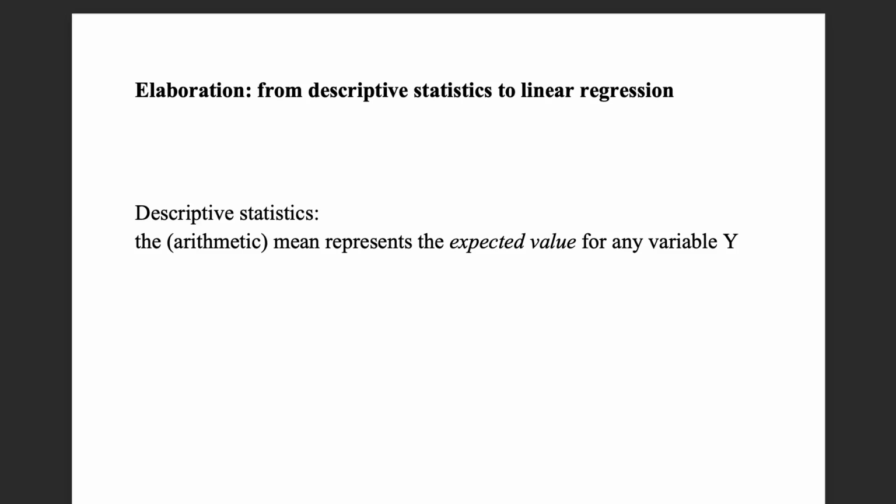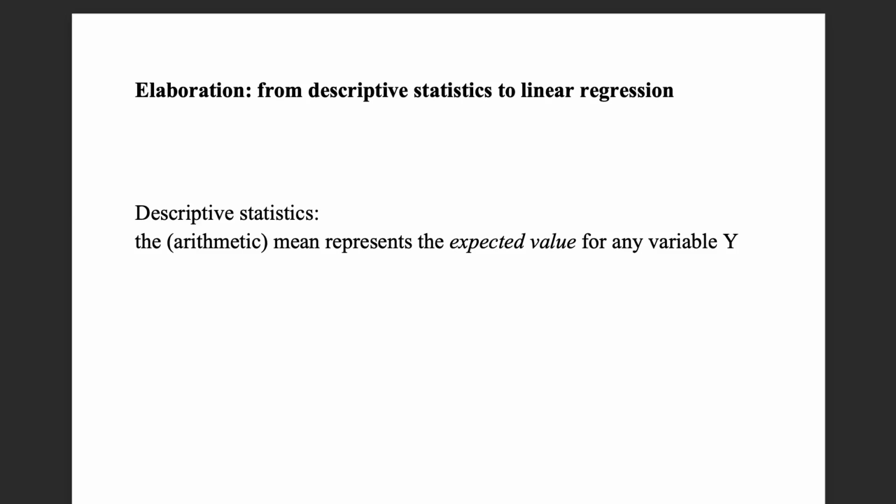It represents my best guess, my best prediction for a value on that variable. If we're talking about just the expected value without anything else, then it is my best guess for a value on that variable for a case that is randomly drawn from the population.